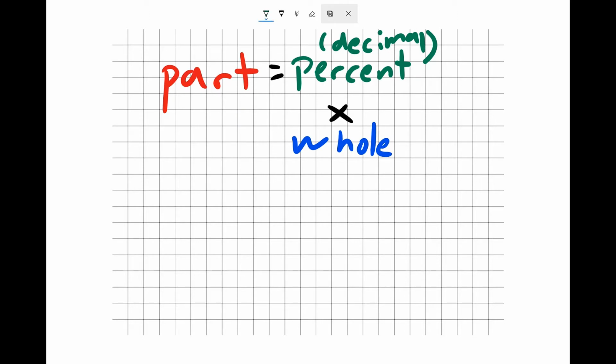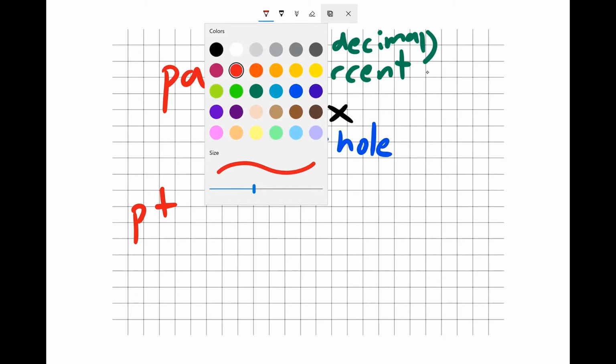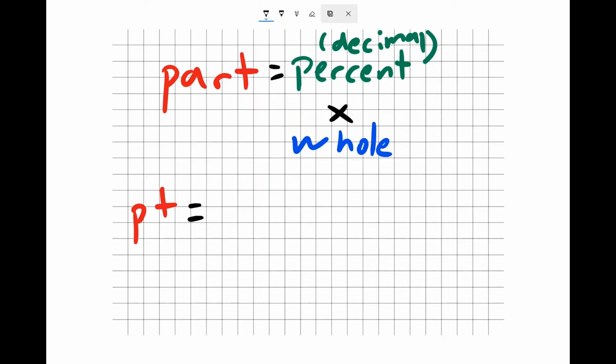Sorry I'm running it like this, you guys. Again, as you may see, I do not have the same board space that I would otherwise have in a classroom. So let's just go ahead and rewrite it, but let's abbreviate it. Part equals percent times the whole.